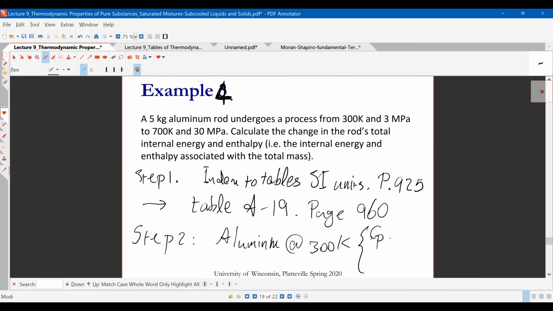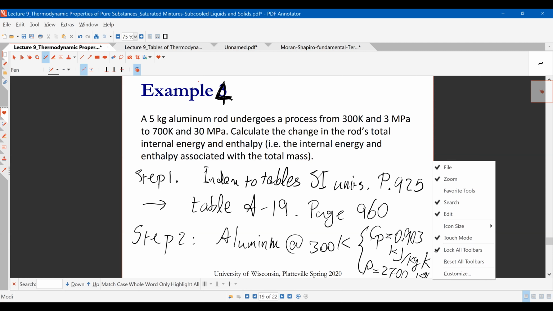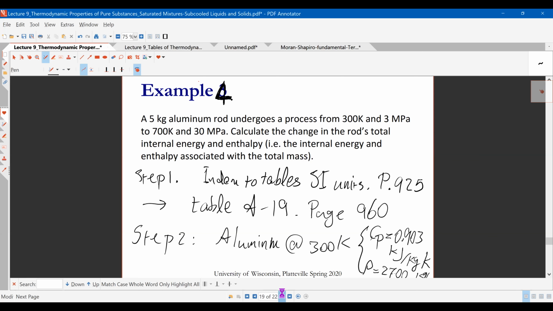CP equals 0.903 kilojoules per kilogram Kelvin, and rho is 2700 kilogram per cubic meter. Okay. All right, let me go to the next page.